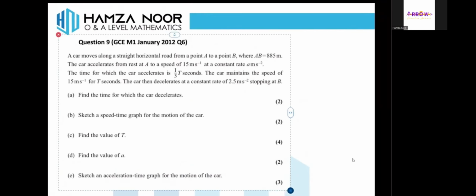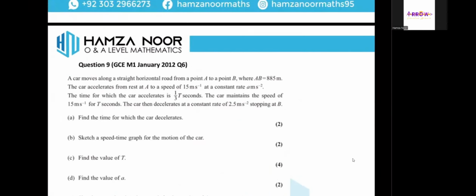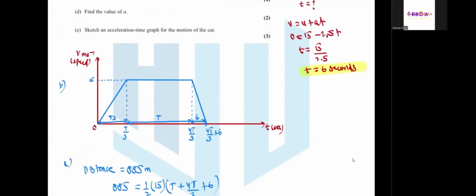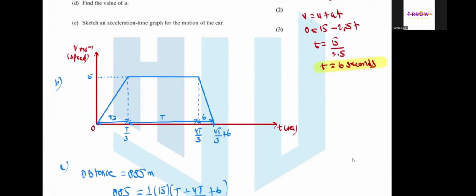So in part D, it is being said to find the value of A. Which I already told you how to find. I explained this verbally. I'll bring the picture of the sketch on the next page as well, to do some further calculations.